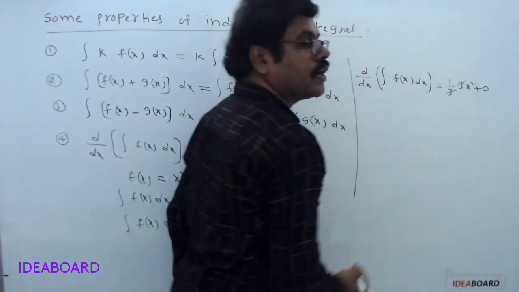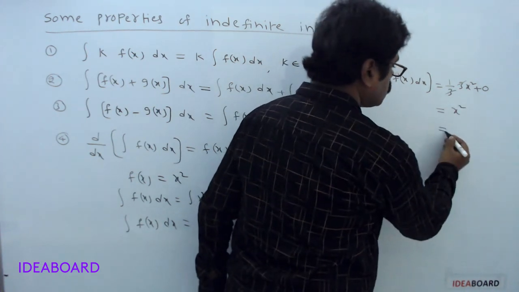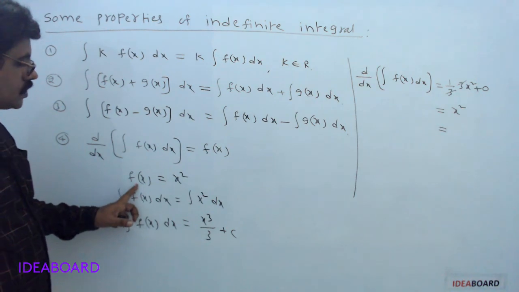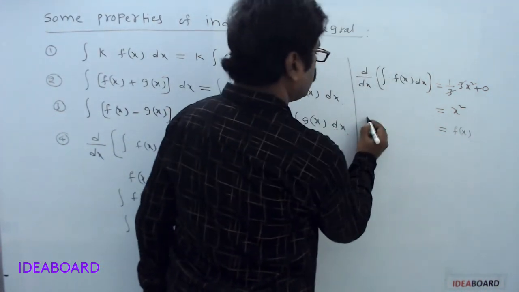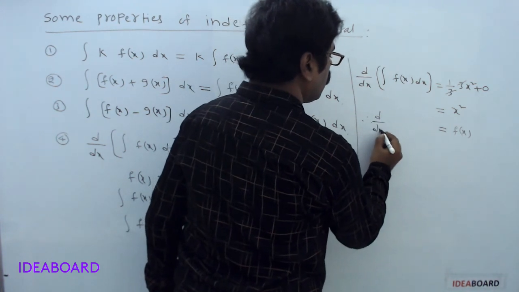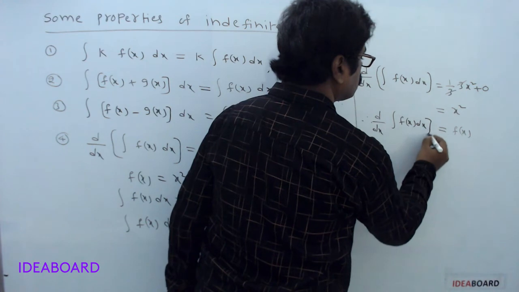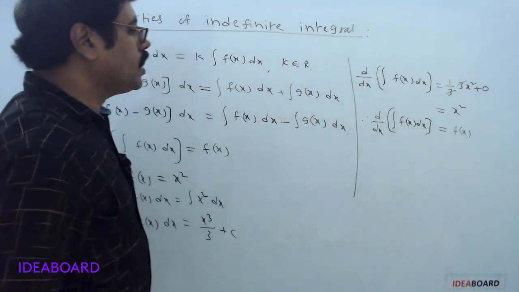Now here 3 will be cancelled. Now this equals to x square. What is our x square value? That is nothing but f of x. So therefore derivative of integral of f of x dx equals f of x.